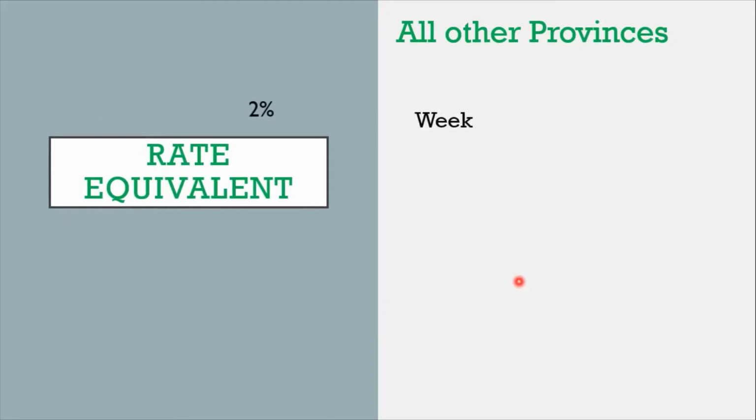The fixed rate is 2% per week, multiplied by the number of weeks that you're away. That percentage will then be multiplied by the amount of vacation earnings that you make that year. So I hope that makes sense. In this example, a week gives you 2%, 2 weeks give you 4%, 3 weeks give you 6%, 4 weeks give you 8%. It's 2% times the number of weeks.